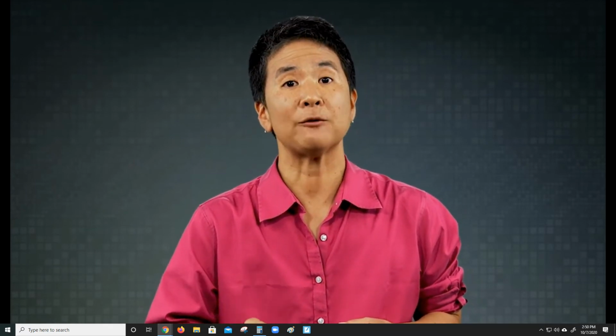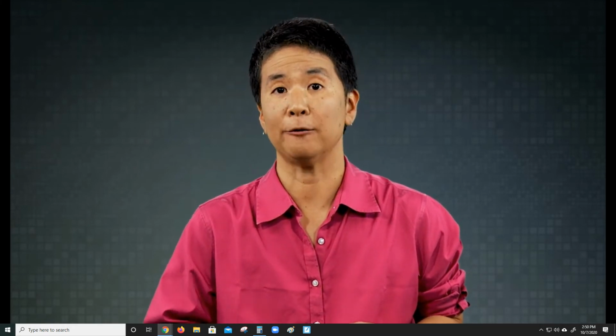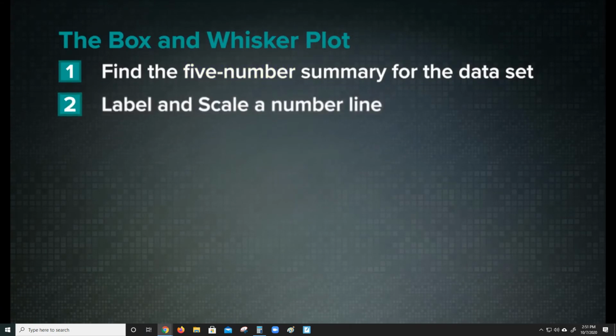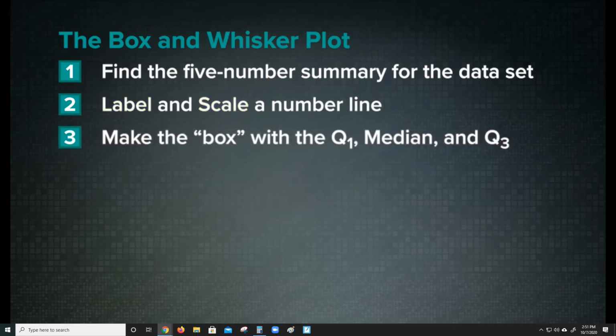Here are the steps for finding a box and whisker plot for your notes page. Number 1, find the 5-number summary for the data set. Number 2, label and scale a number line. Number 3, make the box with the Q1, median, and Q3.